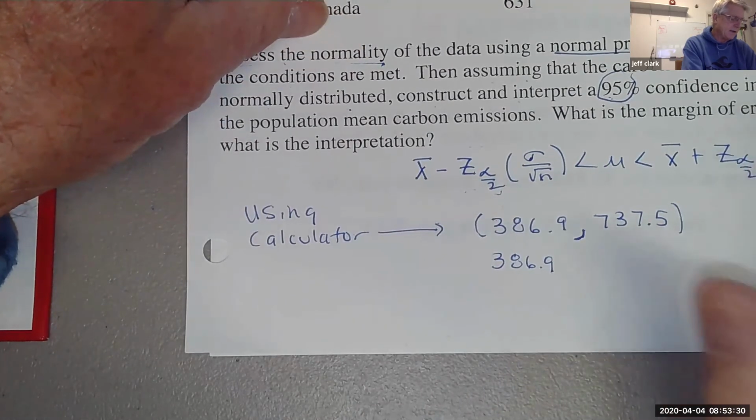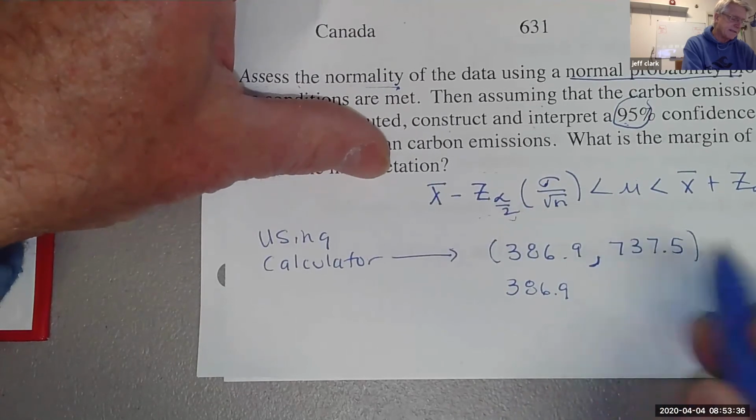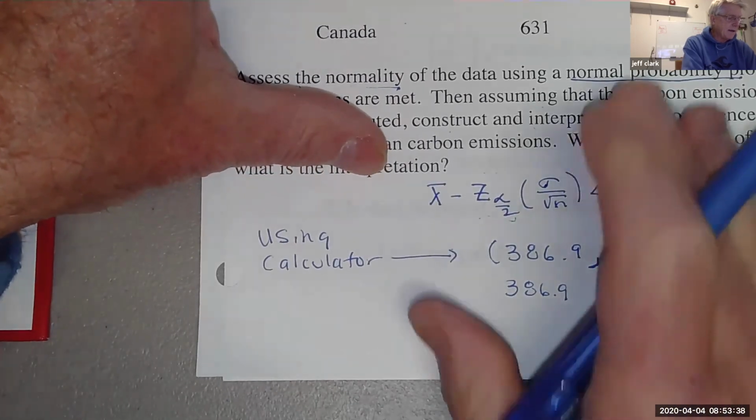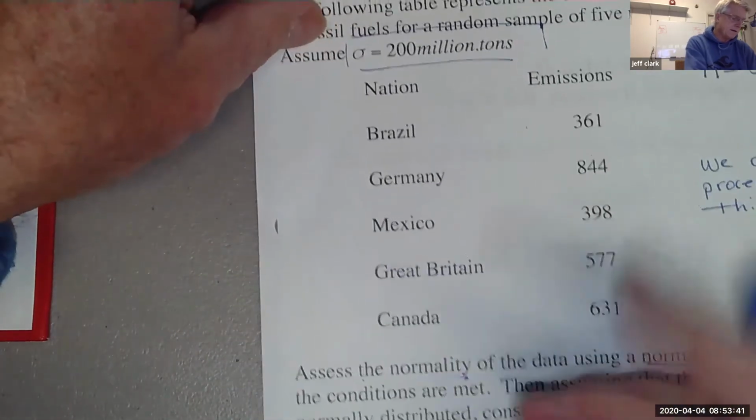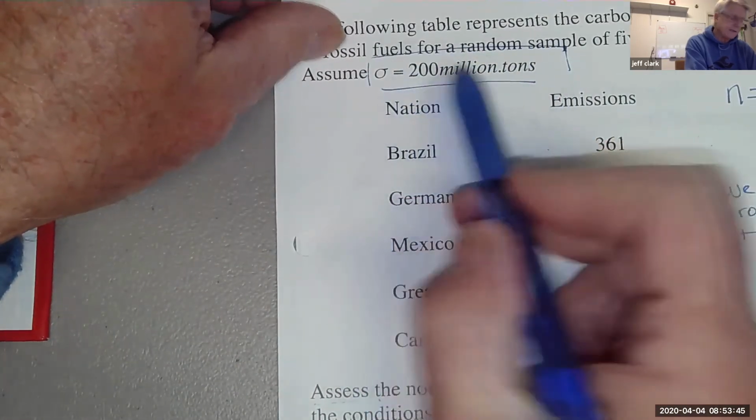I'm looking, it's carbon emissions. It might be particles. It doesn't say, so I'll leave it off for right now. Oh, it's right here. Million tons. It's not particles. That's the unit of measurement.